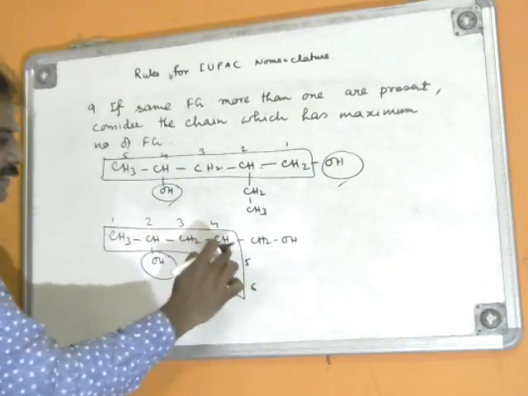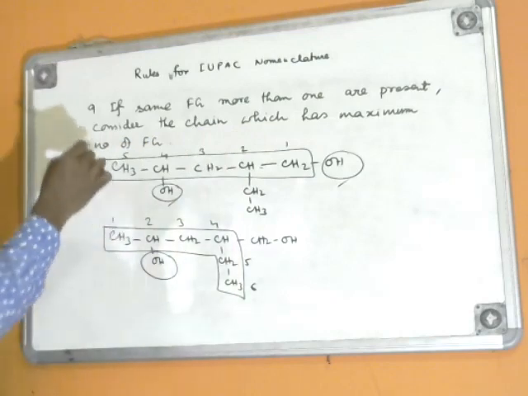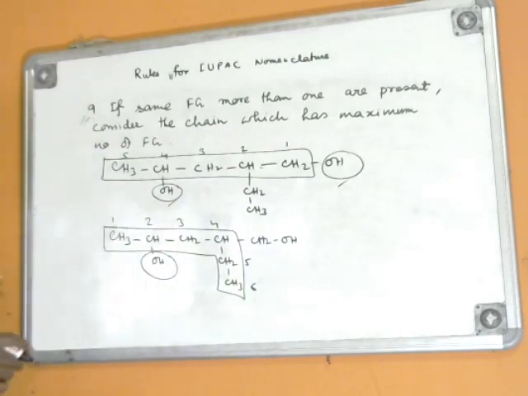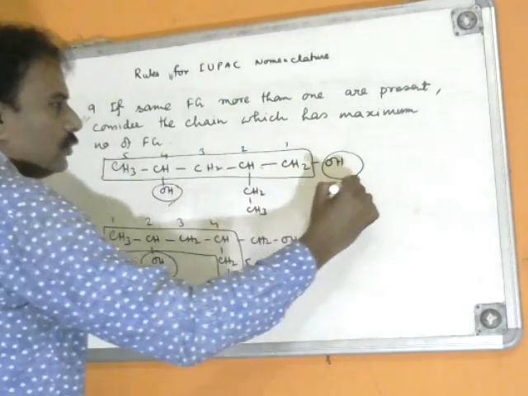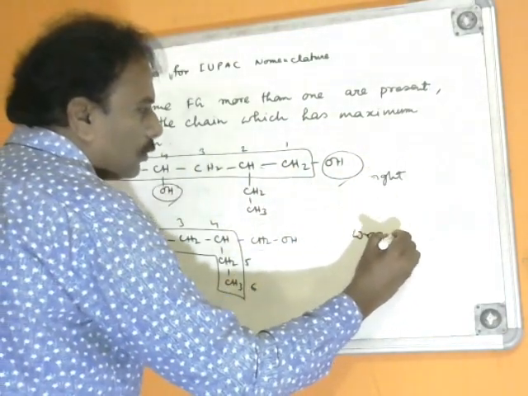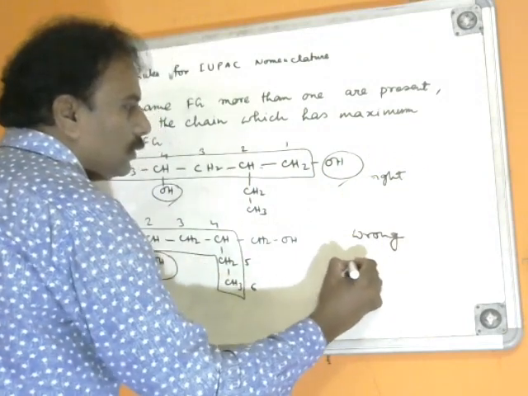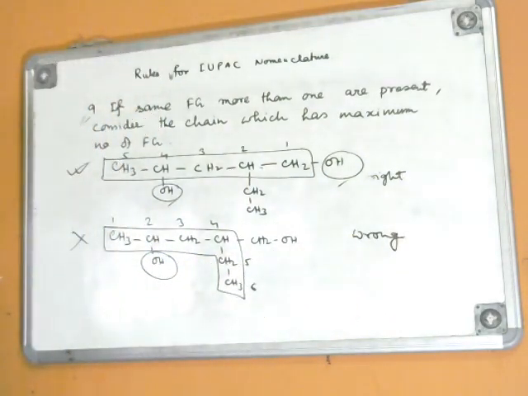Though the other has 6 carbons in the chain, this has 5 carbons in the chain. But according to our rule, we have to include more functional groups if they are the same in that chain. So that methodology will be right, and this is wrong. I hope you understand. This is wrong and this is right.